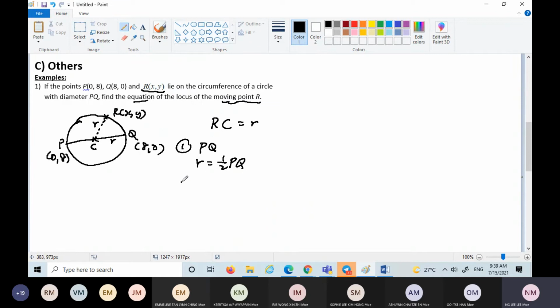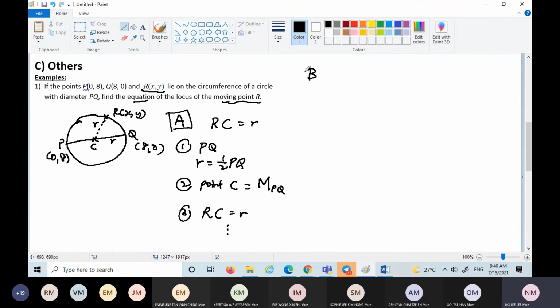Then find the coordinate of point C, where point C is the midpoint of PQ. Then only you use the formula RC is equal to R, and get the equation. This is method number 1.